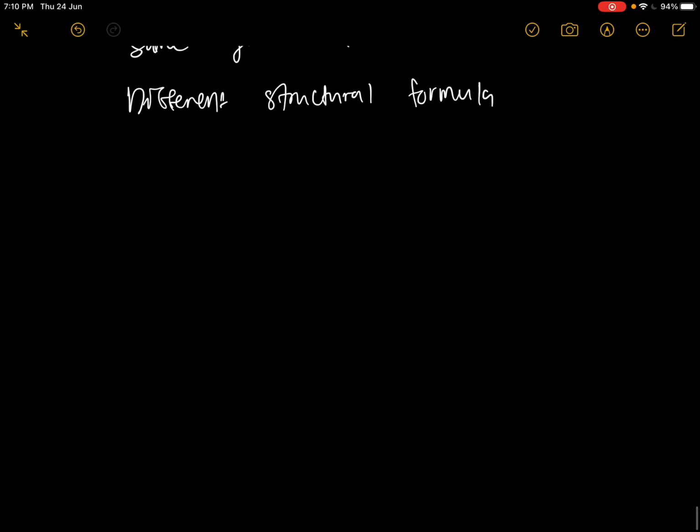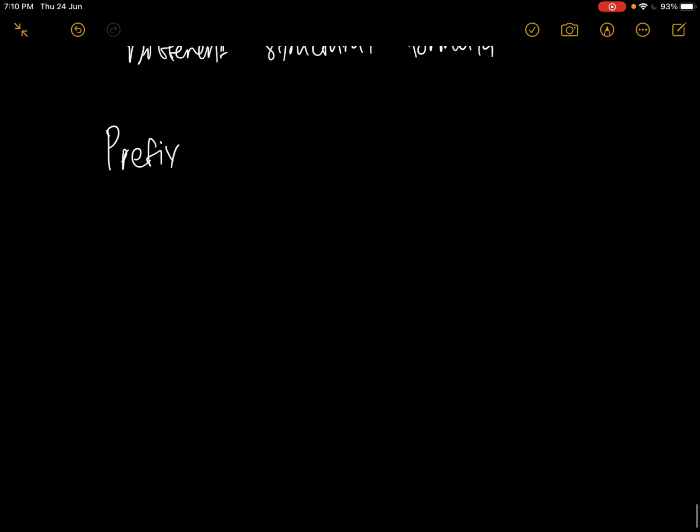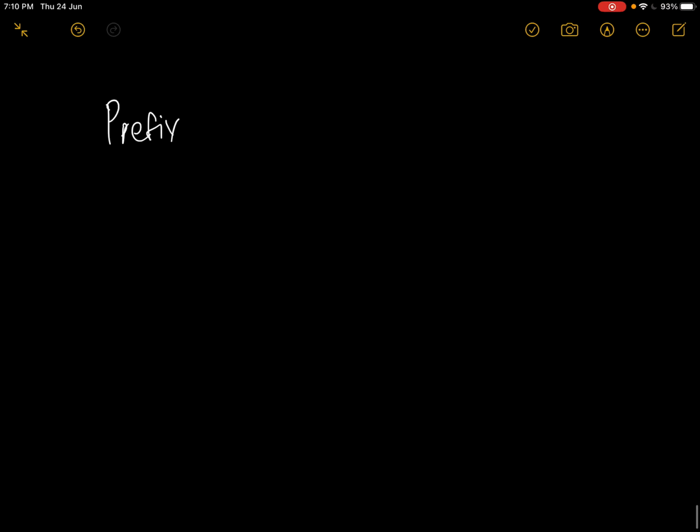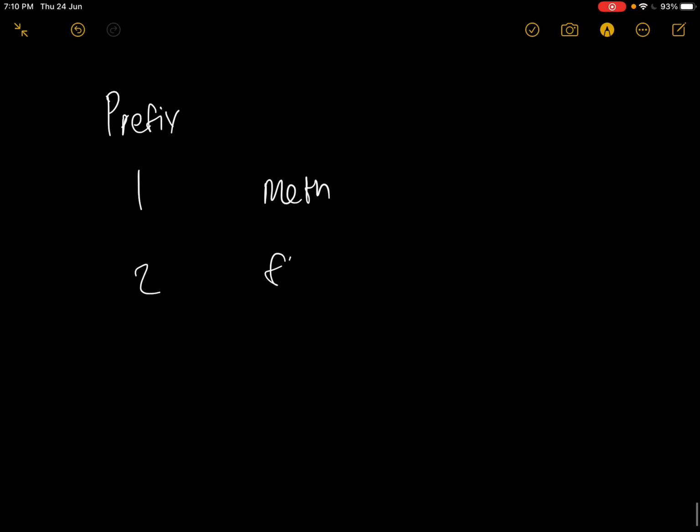So before I get more into isomers, I need you to know prefixes and suffixes. Prefix is your imbuhan awalan, and suffix is your imbuhan akhiran. Your prefix is based on the number of carbon atoms in your formula. For example, if I have one carbon atom, that is called meth. I start my naming with meth, for example methane.